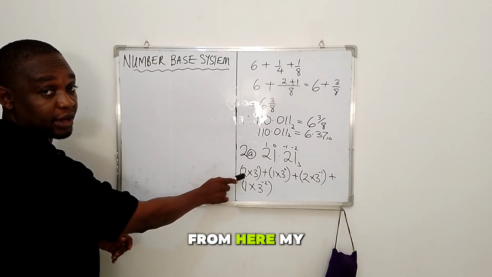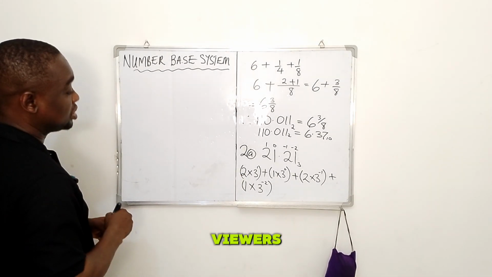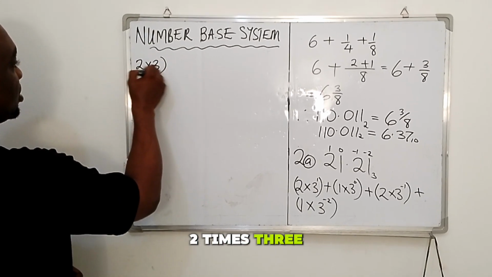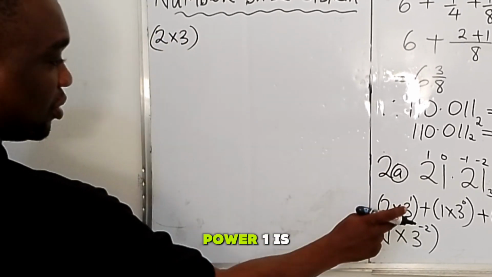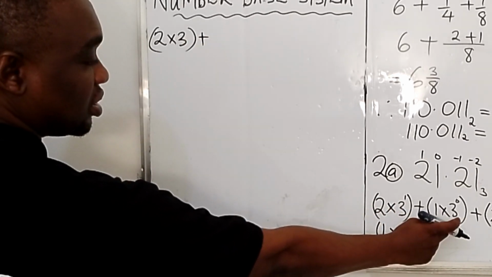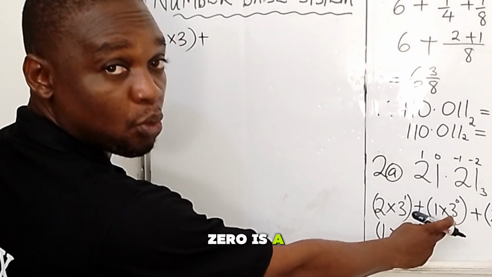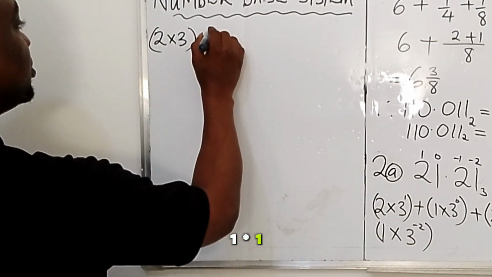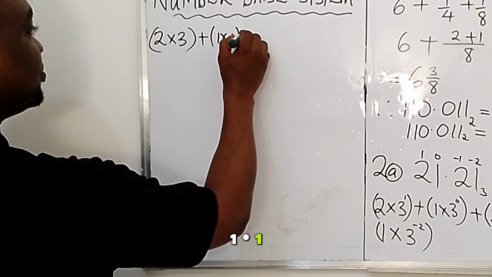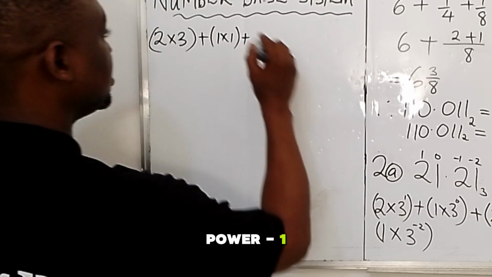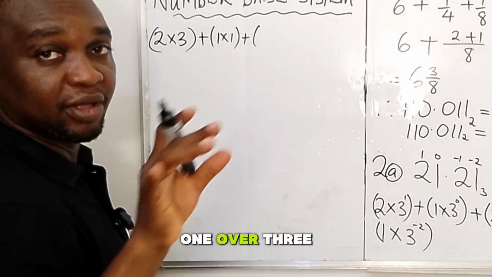So from here, my dear students and viewers, 2 times 3 to power 1, 3 to power 1 is 3, right? So it's 2 times 3 plus 3 to power 0 is a 1. From laws of indices, we learned that. So that's 1 times 1, plus 3 to power minus 1 is the equivalent of 1 over 3.